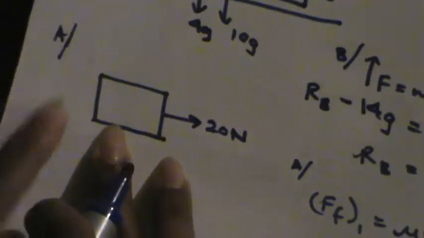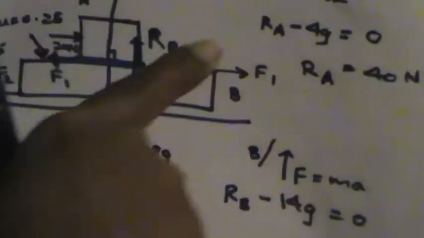F1 is 10 newtons and F2 is 35 newtons. If you are considering A, the frictional force we found was 10 newtons in this direction. If you are considering B, F1 is in this direction, which is 10 newtons, and F2 is in this direction, which is 35 newtons.